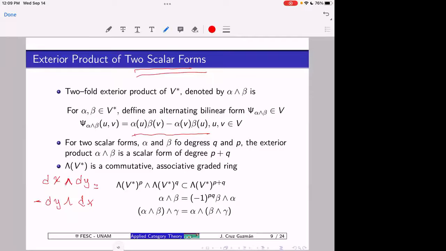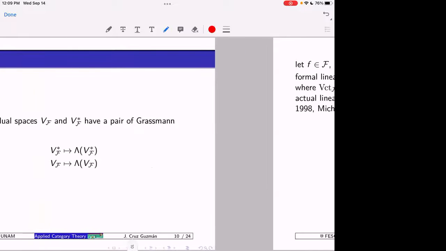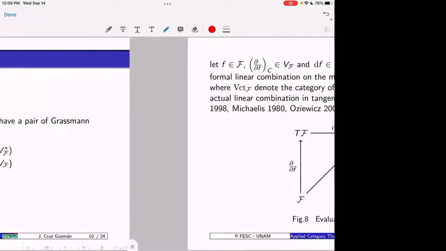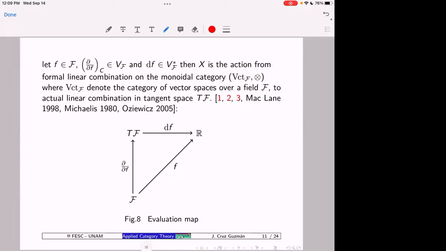Okay, then we have defined here two different algebras that are related, but are not equivalent. We spoke about this in the last session.